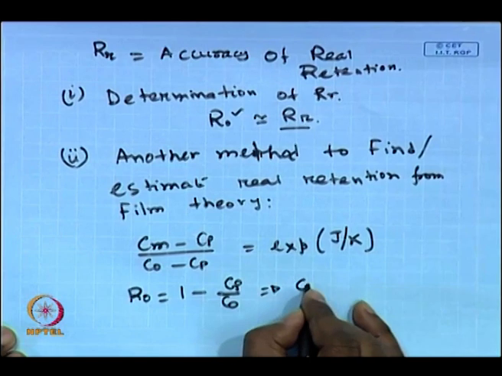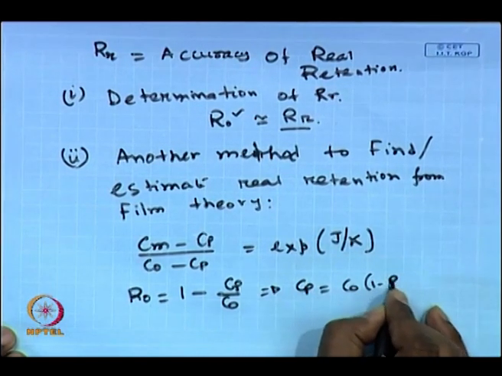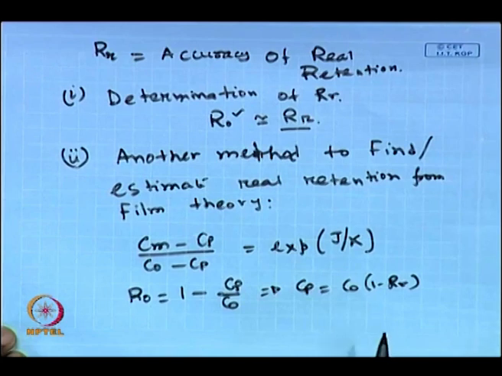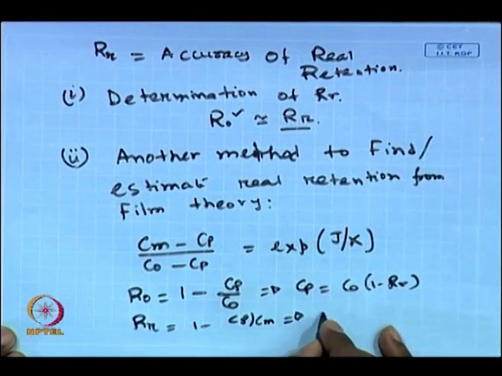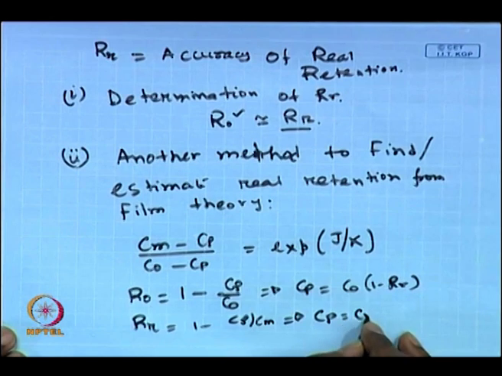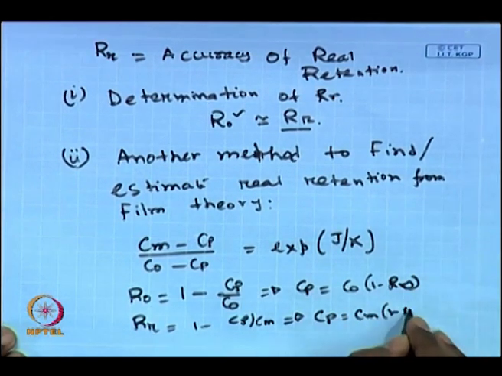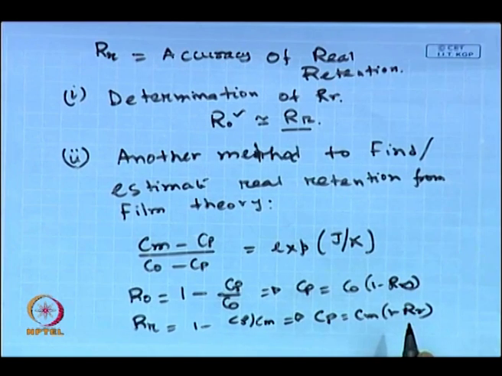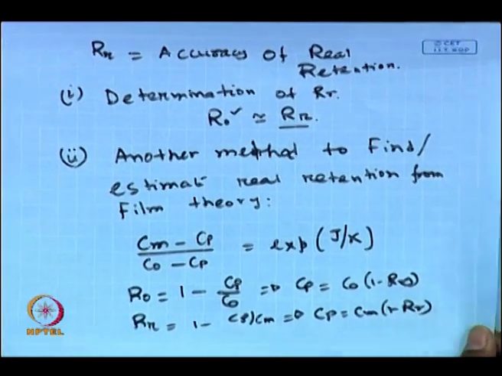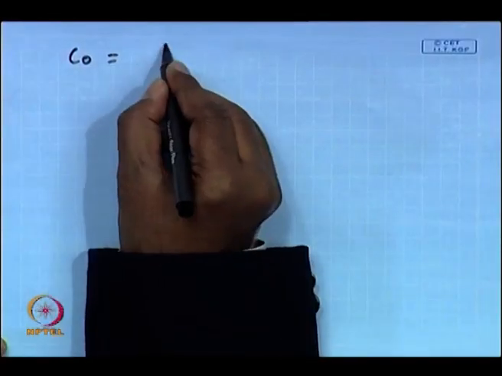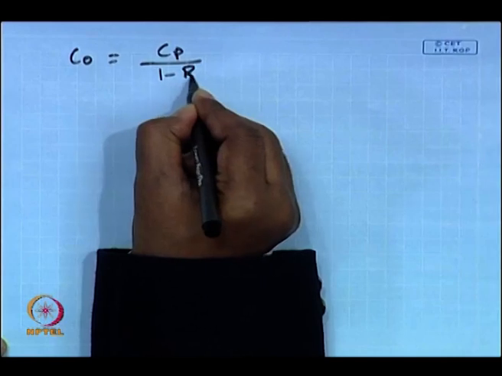Therefore, Cp is nothing but C naught into 1 minus Ro. And real retention is 1 minus Cp by Cm, so Cp is nothing but Cm into 1 minus Rr. Now we evaluate C naught. C naught is nothing but Cp divided by 1 minus Ro.